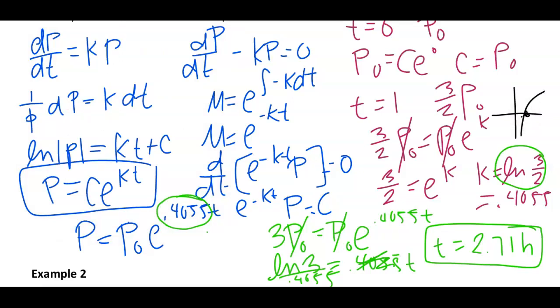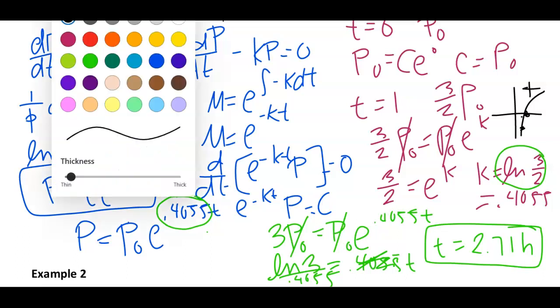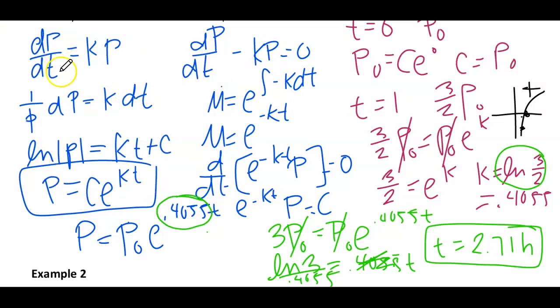We're going to be doing this a lot, which is why I bring this up. When I take the natural log of something bigger than 1, I'm going to end up getting that k is positive. If I take the natural log of something between 0 and 1, I'm going to get a negative k. Negative k means exponential decay, because e would then be to a negative exponential power. So let's look at an example of that on our next problem here.